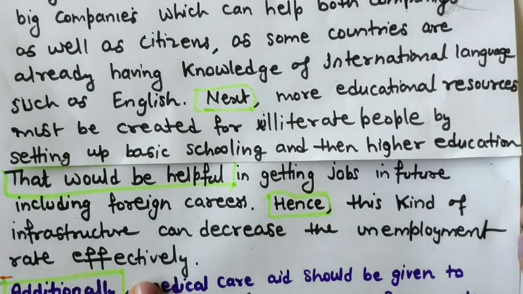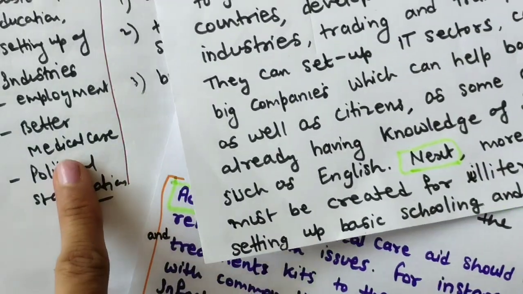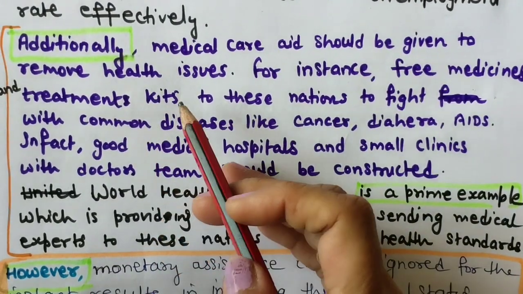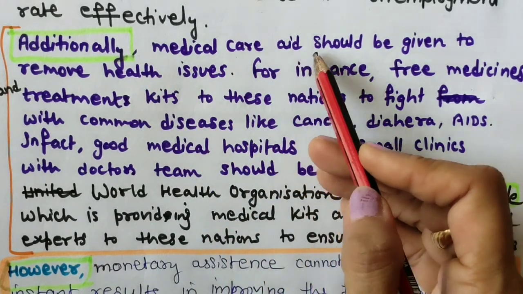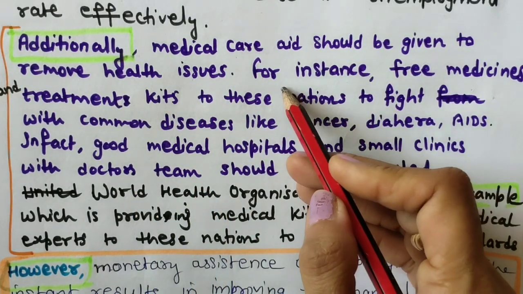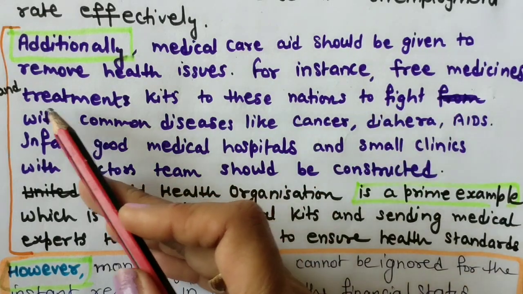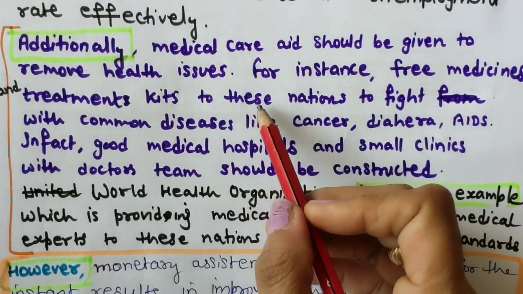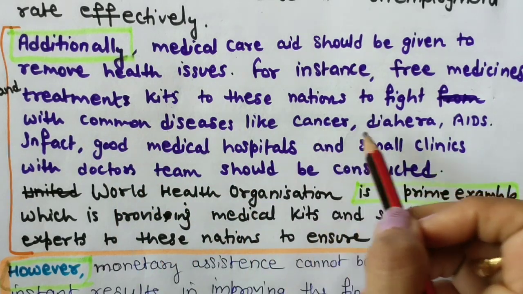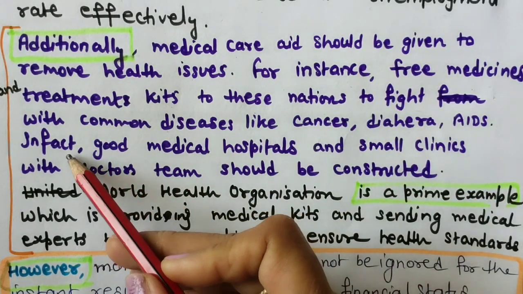Okay, now third point about medical things. Now, next paragraph I have started. Additionally, medical care aid should be given to remove health issues. For instance, free medicines and treatment kits to these nations to fight common diseases like cancer, diarrhea, AIDS.